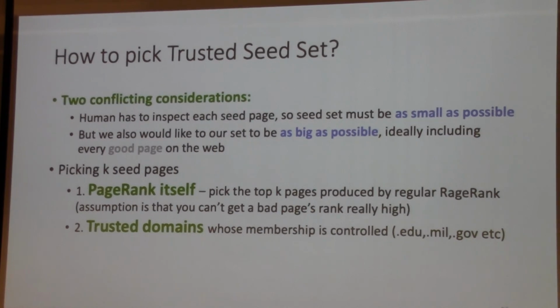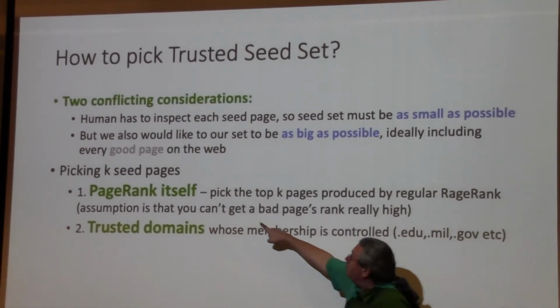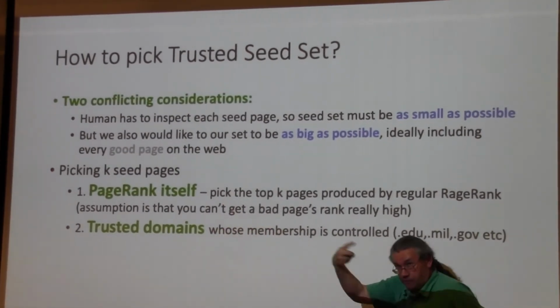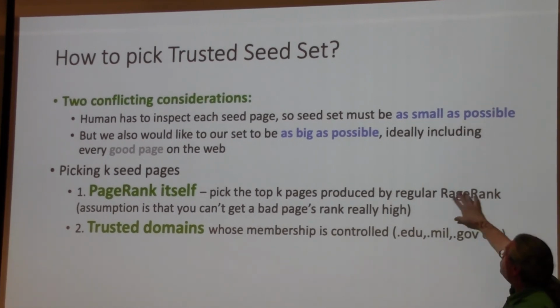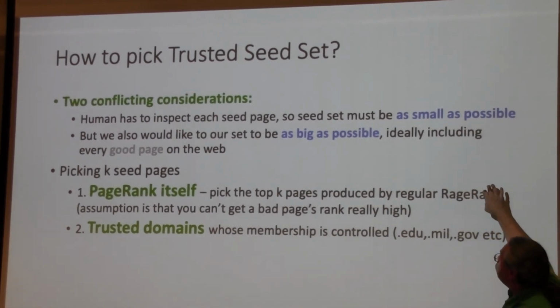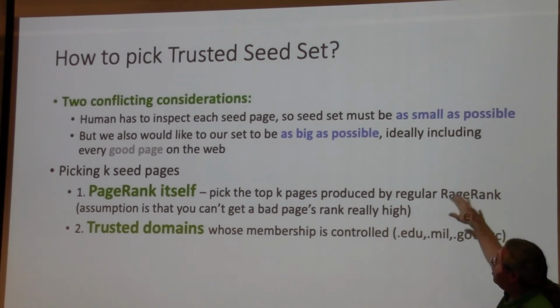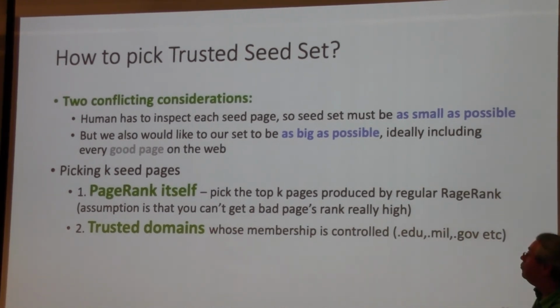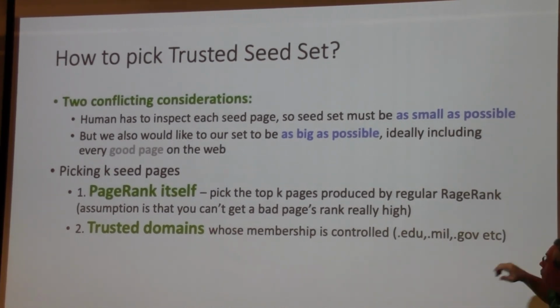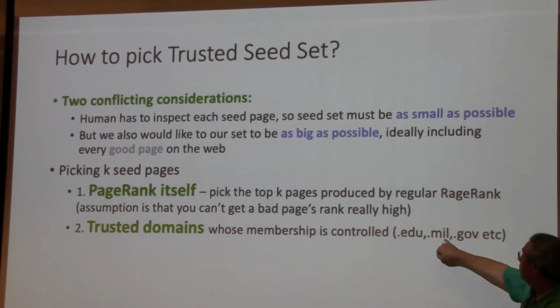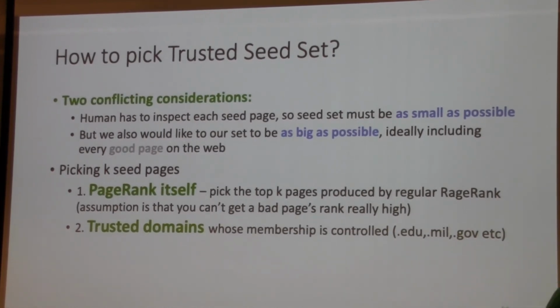So how do I do it? Well, I can use PageRank, kind of recursively. The top K pages, the really top pages, are probably good or trustworthy. Or I can use trusted domains, edu, mil, gov domains, maybe.